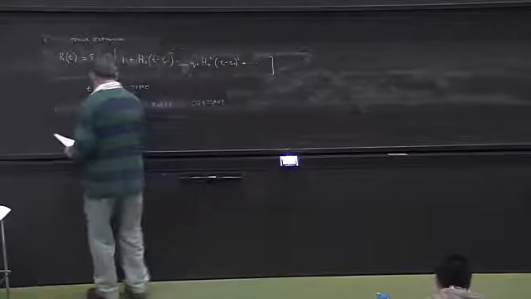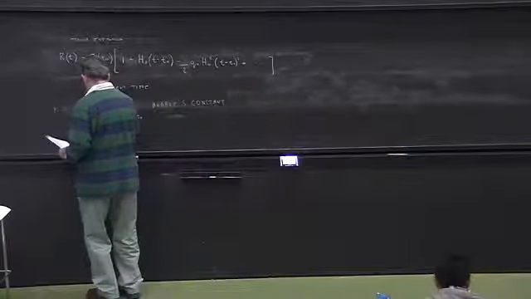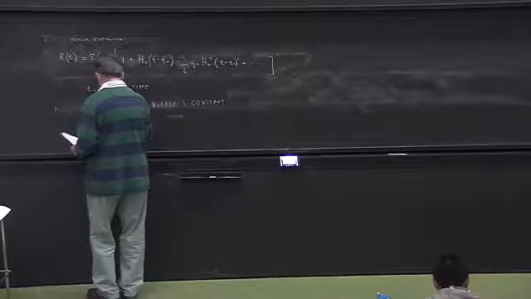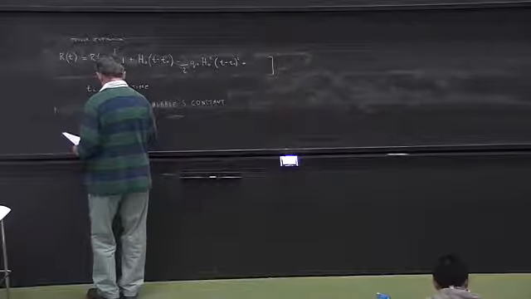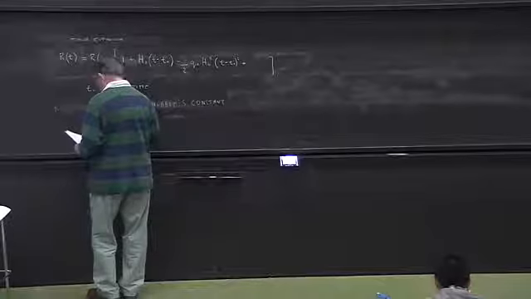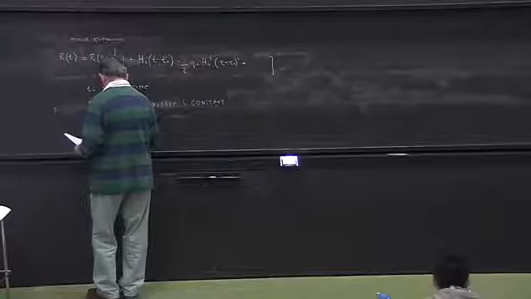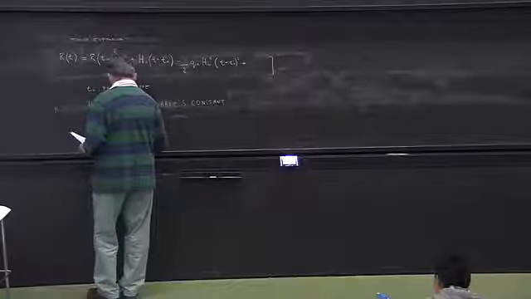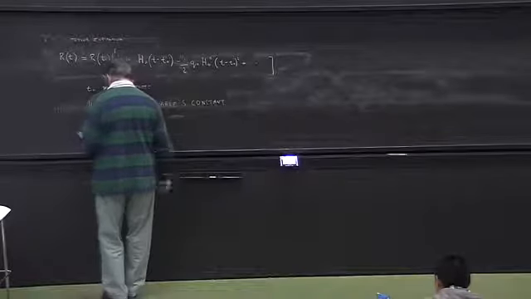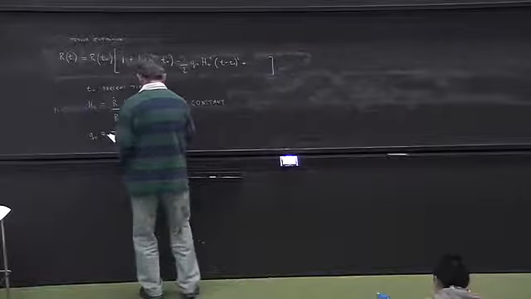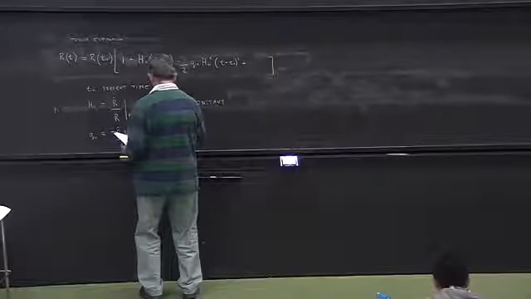And q naught is defined to be minus R double dot times R over R dot squared evaluated at t equals t naught, and this is called the deceleration parameter.